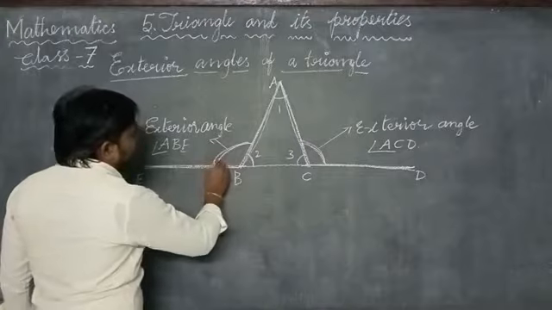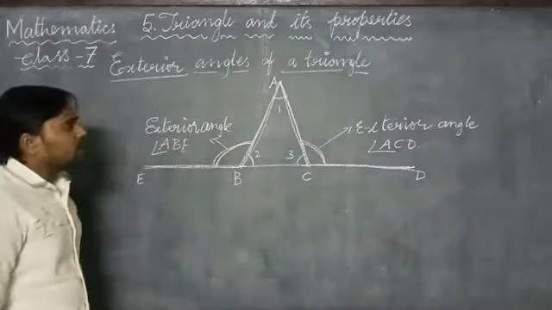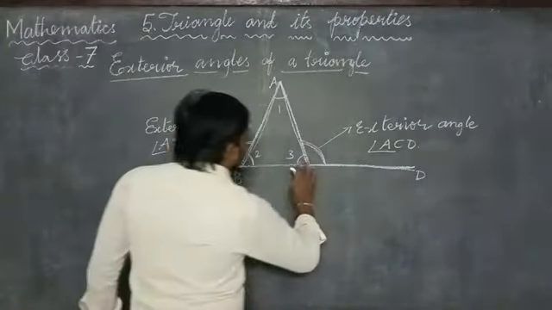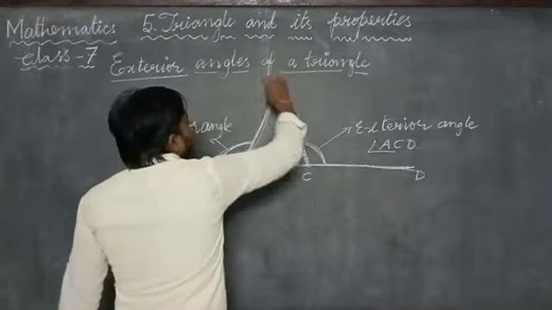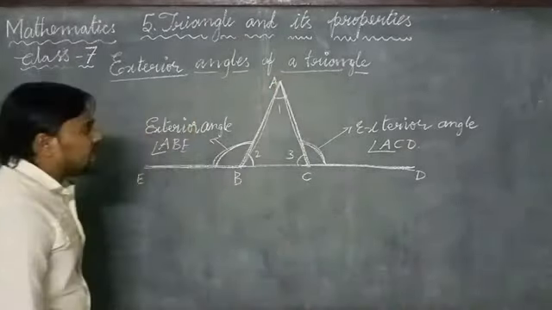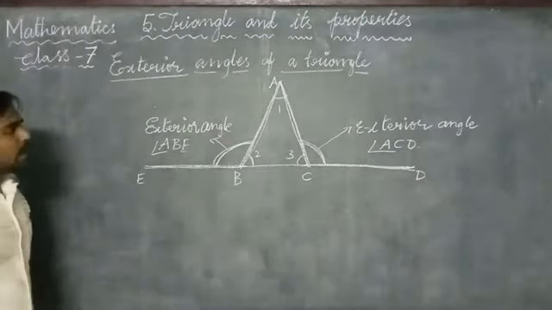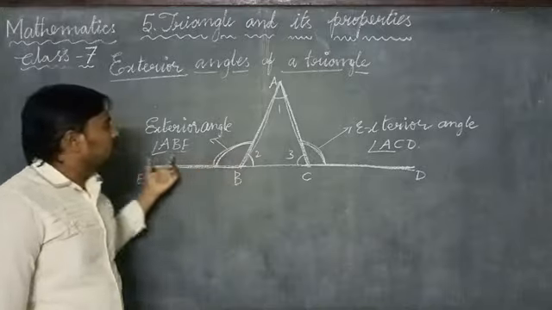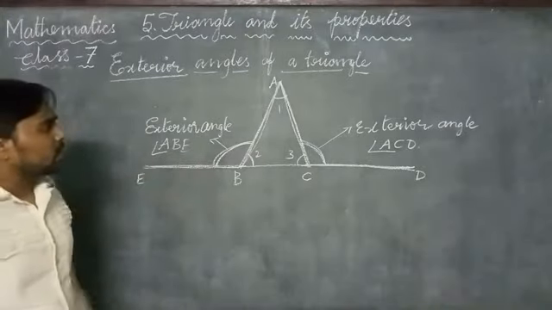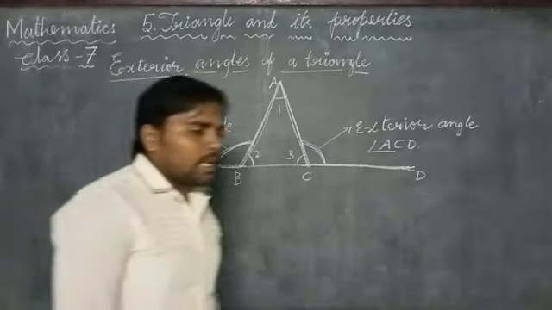This is one of the exterior angles. Like that, if you extend the line segment CA to F, then here one of the exterior angles is located. In this way we can locate the exterior angles. These are the exterior angles of a triangle.